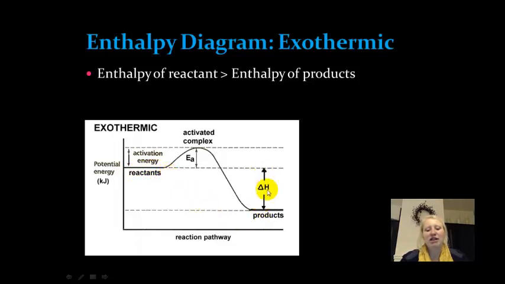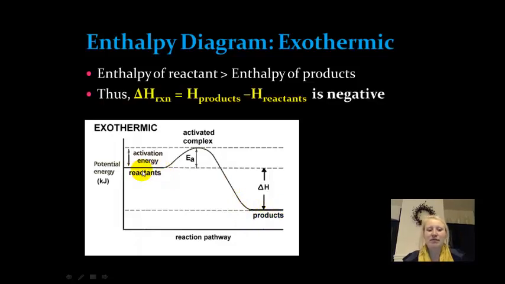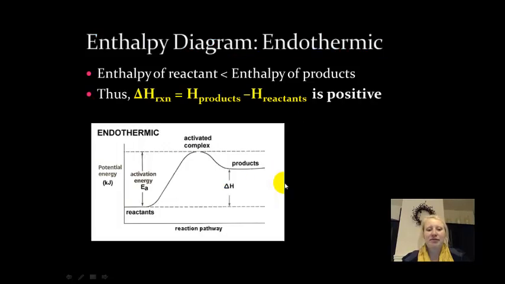If you subtract the products minus the reactants, you'll get a negative delta H, because the products are a smaller number than the reactants. So again, delta H for an exothermic reaction is negative.